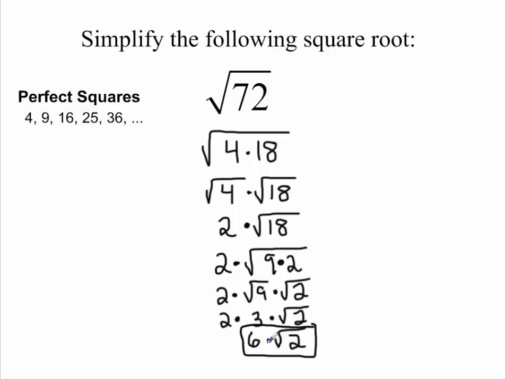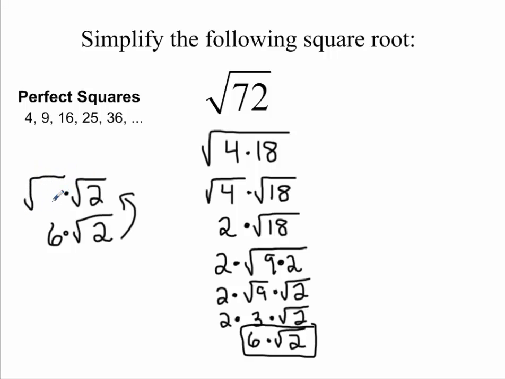And one way to check from this point, once you get your final result, if you wanted to know what was the biggest perfect square, you can see there's two ways to do it. 6 times the square root of 2 is the answer I got in simplified form. If I were to think about the step prior to that, I would have had the square root of 2 and the square root of some number.